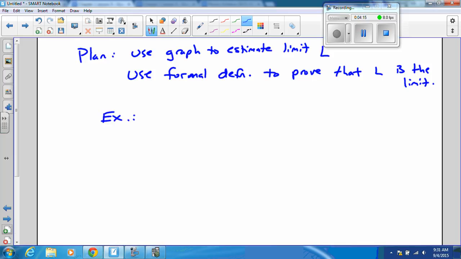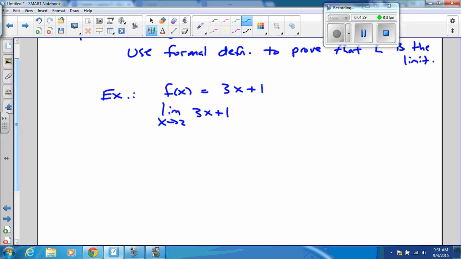And for illustrative purposes, we're going to choose the function f of x is equal to 3x plus 1, and we're going to consider the limit as x goes to 2 of 3x plus 1. And when we sketch y equals 3x plus 1, we're very good at those kinds of sketches.